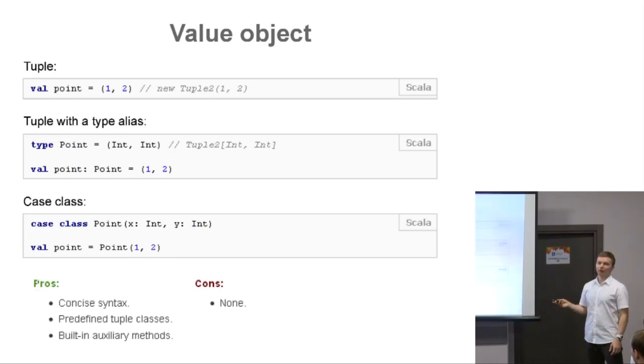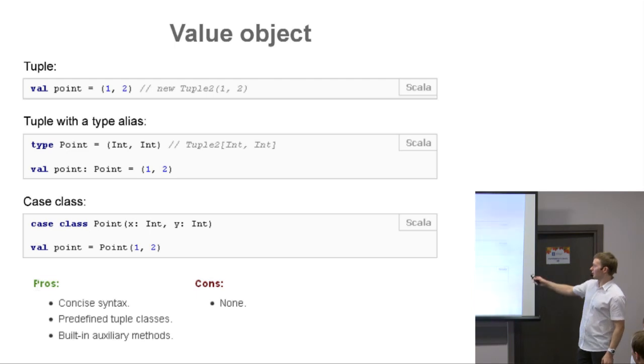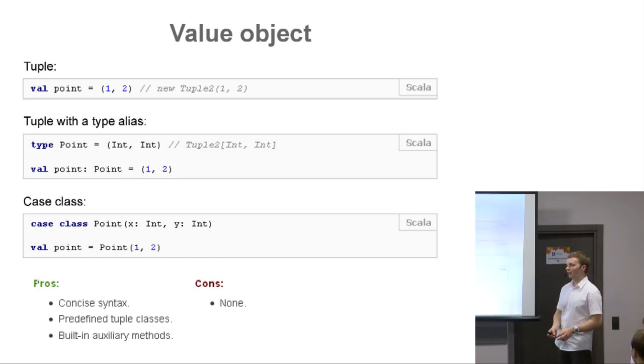Scala, because it is a very functional-oriented language, provides many direct ways of creating value objects. The first example is the usage of so-called tuple. Tuples are predefined collections of fixed size that can hold elements of multiple types.